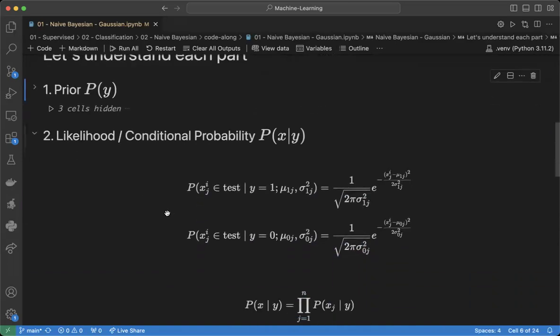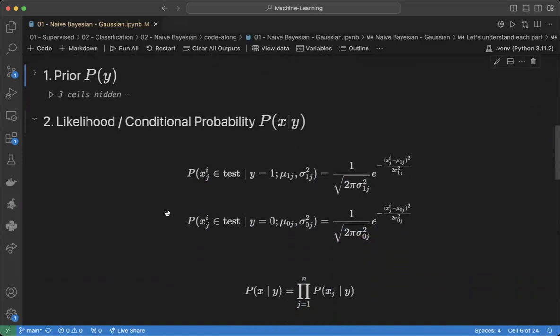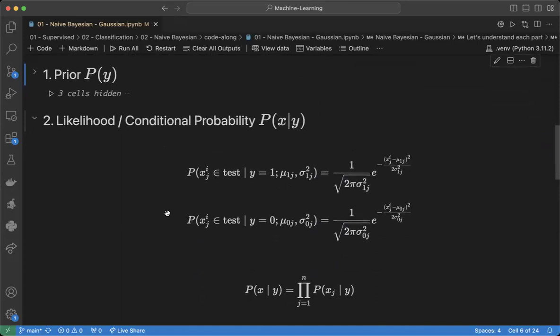So now, how do we calculate this PX given Y? And in fact, this x should belong to each of the features, right? Because we cannot do it for all the features at the same time, so we have to do it for each feature first, right?